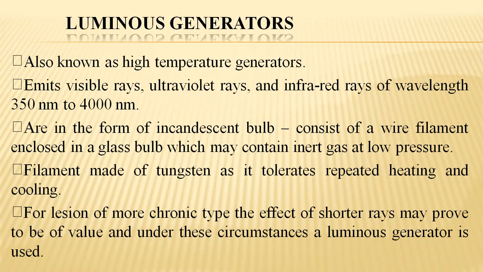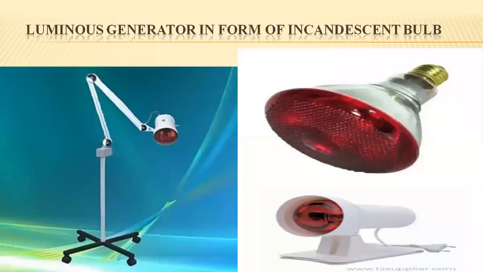So based upon this, the luminous generators play a major role in order to increase or decrease its capacity upon its wide range with its bandwidth. So these are the luminous generators in the form of incandescent bulbs.